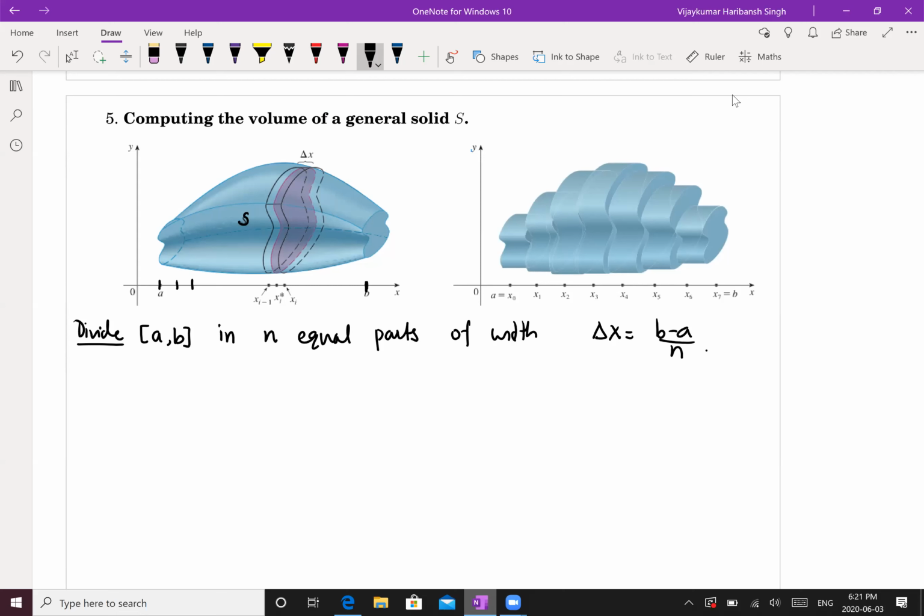Now over each subinterval, you take any point. So if you take each of the subintervals, x_{i-1} to x_i, you choose any random point x_i star in between x_{i-1} and x_i.